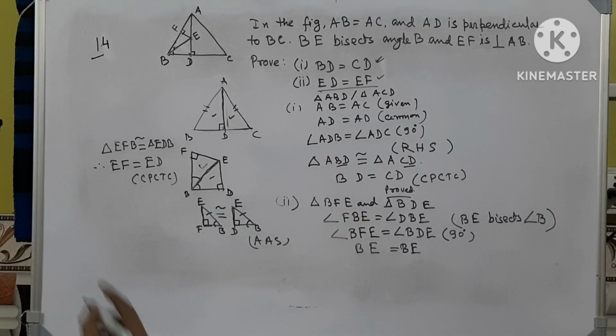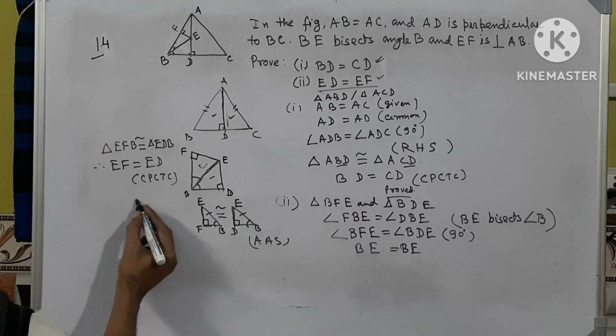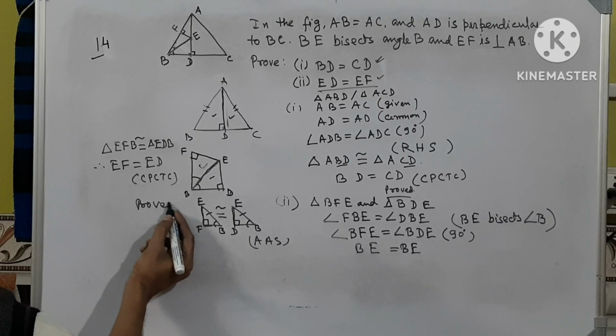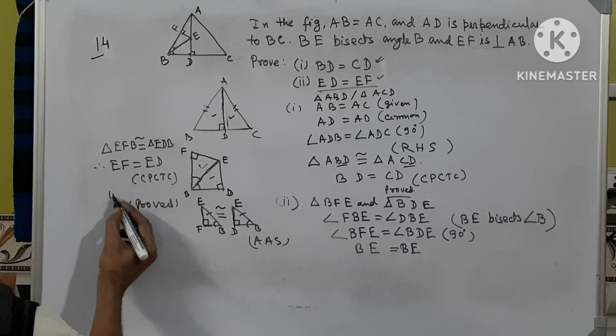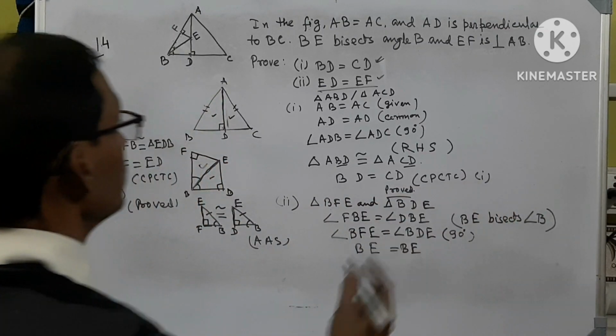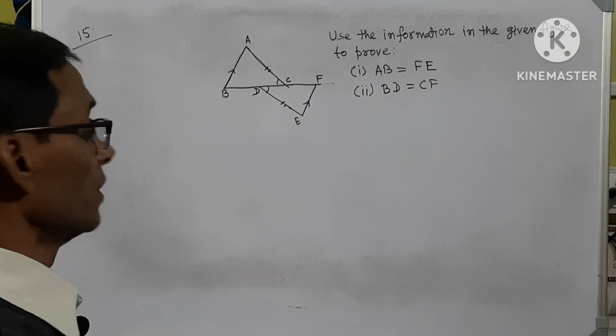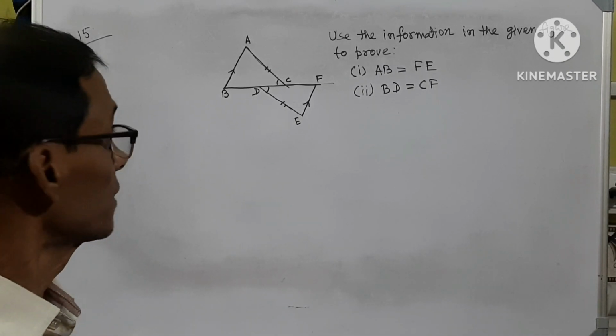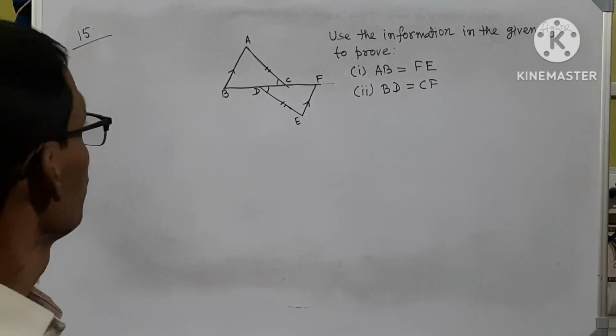EF equals ED, that is proved. So this is number 2 and that was number 1. Question number 15, and this is the last sum in your exercise 9A.